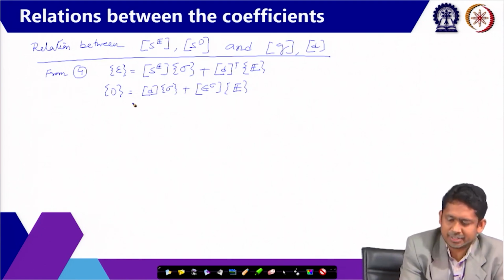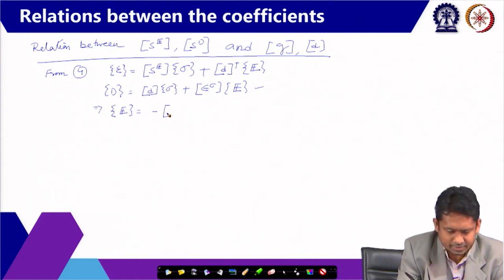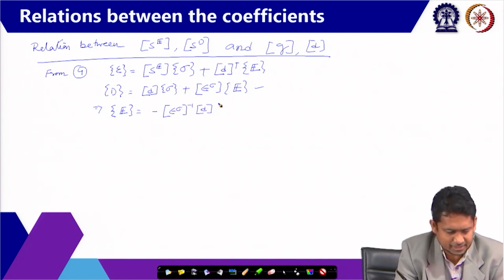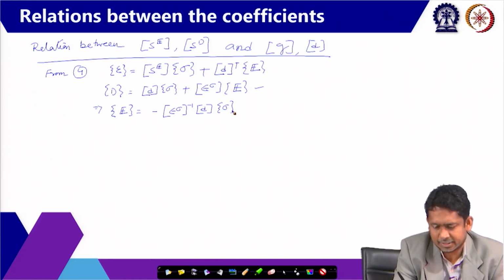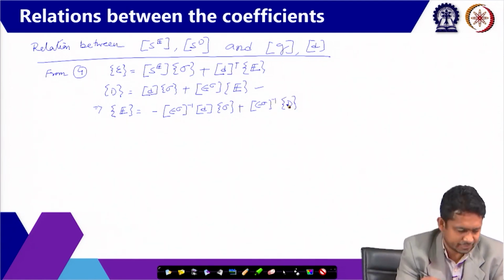Now, if I multiply both sides of this equation by this epsilon sigma inverse, we get this expression of electric field, and the expression is minus epsilon sigma inverse multiplied by d multiplied by sigma plus epsilon sigma inverse multiplied by D.